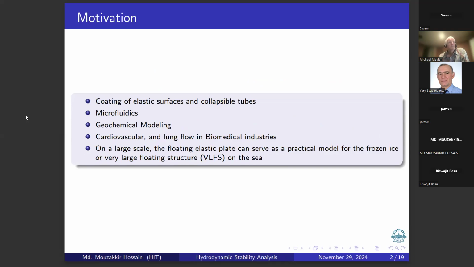It is also used in microfluidic devices, and in cardiovascular and lung flow in the biomedical industries. But on a large scale, the floating elastic plate idea can be used to understand the hydraulic instability mechanism of a floating elastic plate, which can serve as a practical model for frozen ice or very large structures on the ice, on the sea.